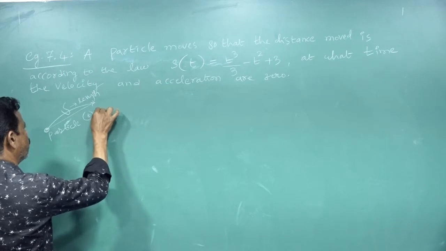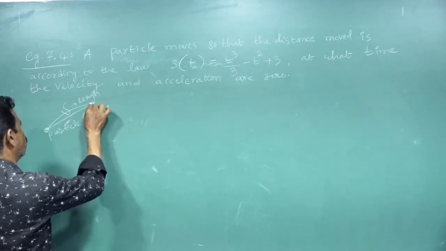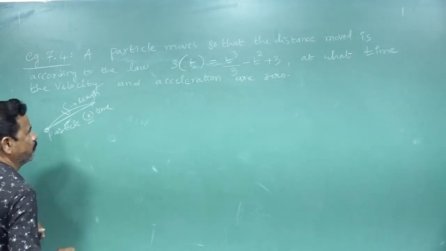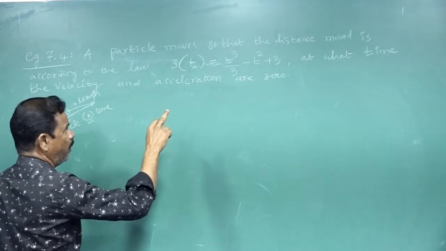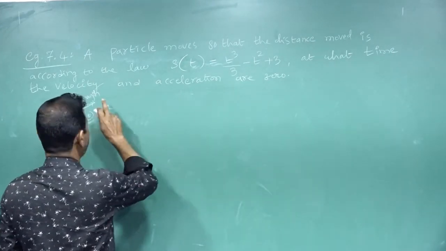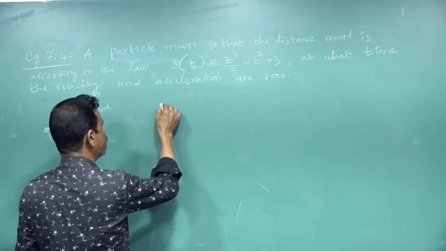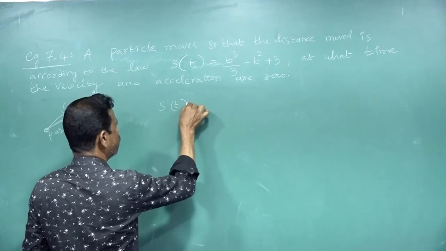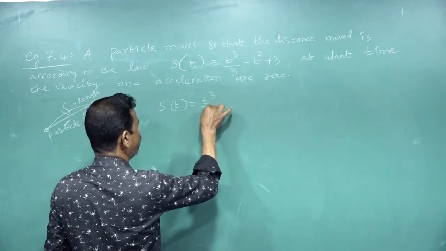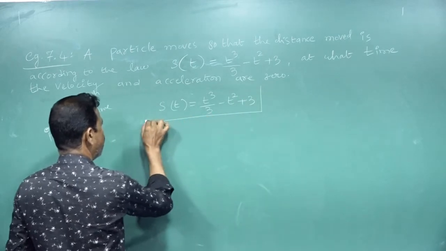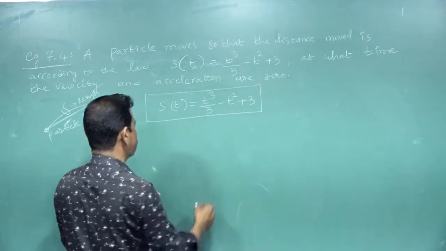The particle moves distance s in time t, then at what time are the velocity and acceleration 0? So the given function is s of t is equal to t cube by 3 minus t square plus 3. This is the function in terms of t.